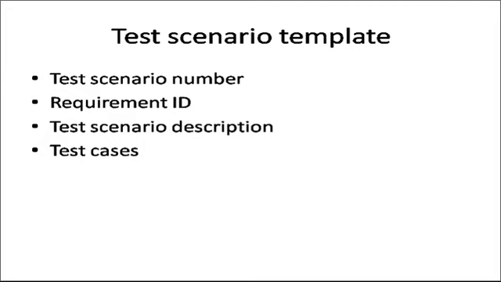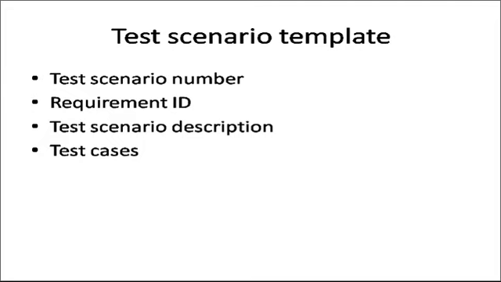Once you have written your program in C and it is executing as per your expectation, then list out the test scenarios as per the information given in this video.